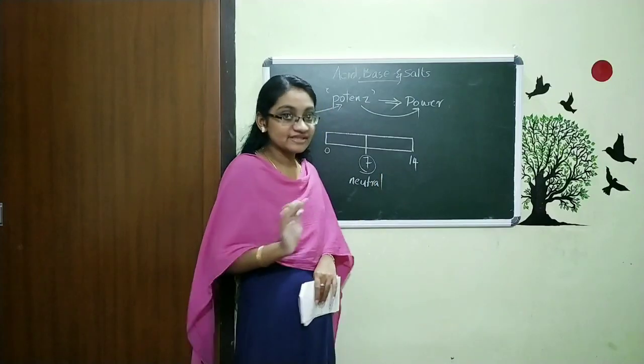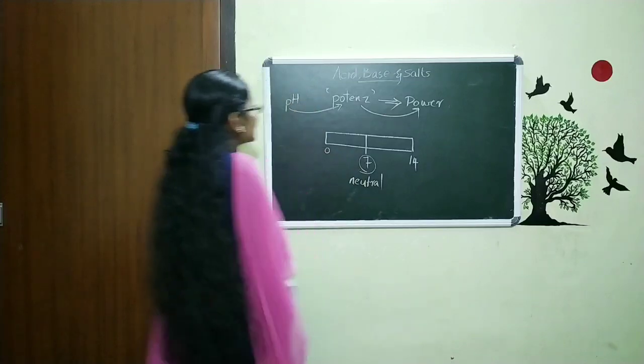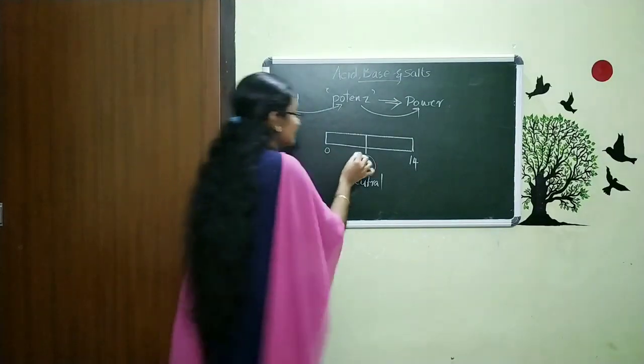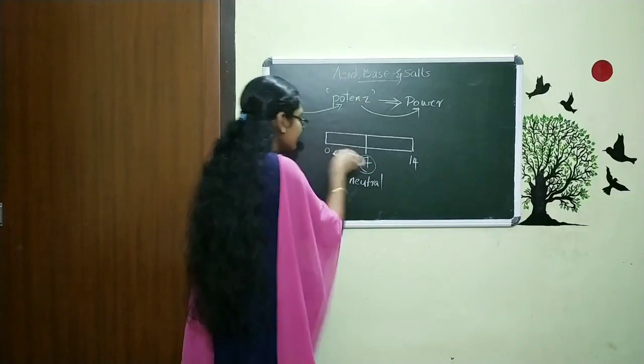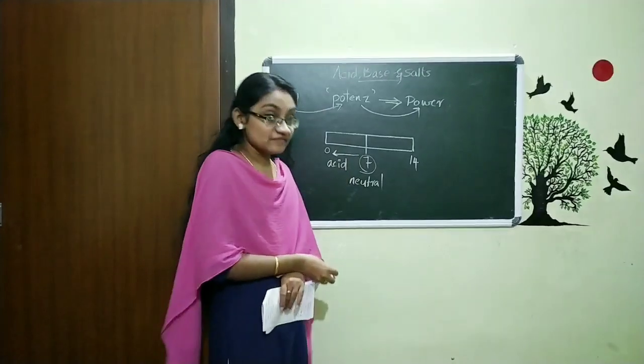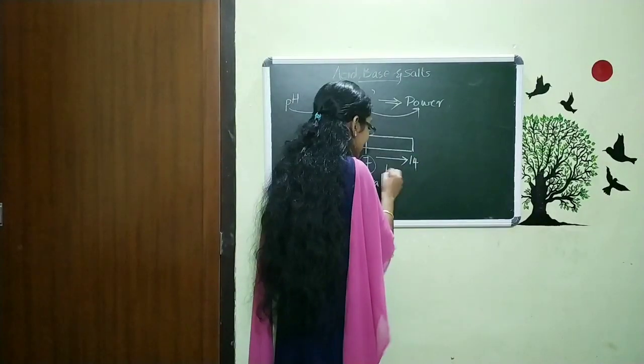If the value is 7, then we can say it is a neutral solution. And the value which is less than 7 is what? Acid. And the value which is greater than 7 is what? That is base.